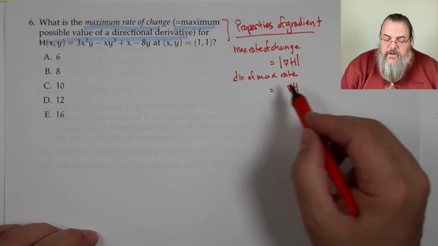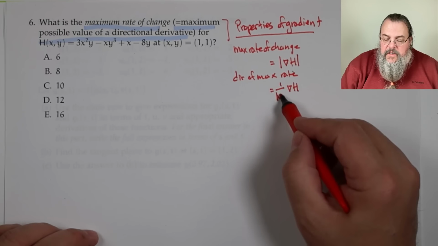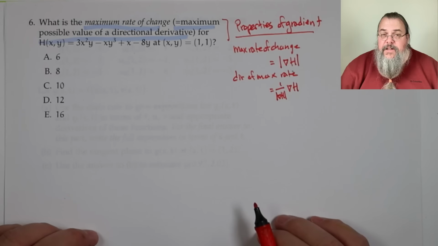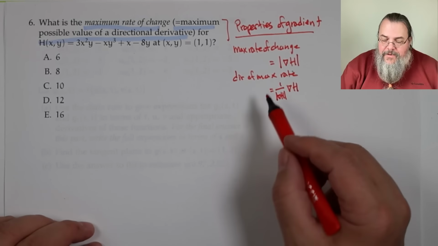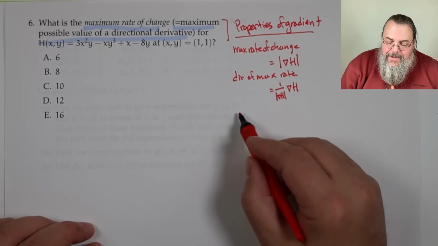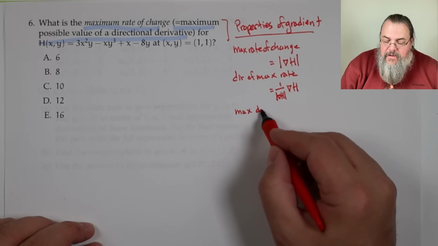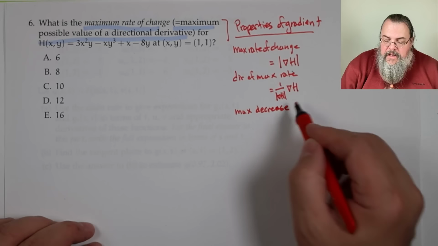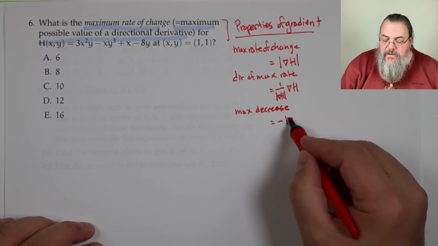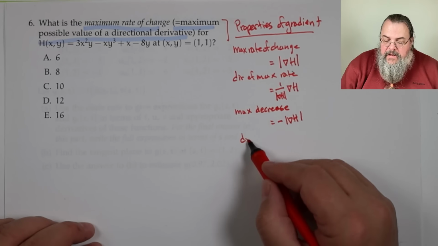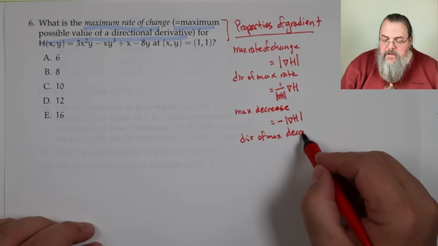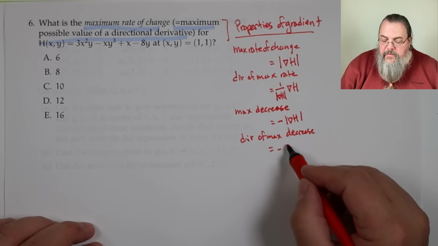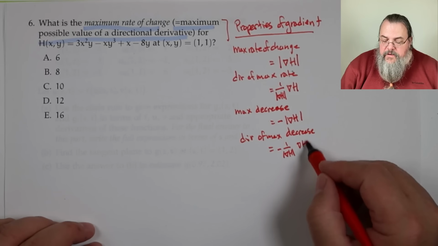Now, oftentimes for direction, they'll make it into a unit vector, and to make something into a unit vector, you multiply by 1 over the magnitude. Now, what if you want the max rate of decrease? Max rate of change is like positive. The max decrease is negative the magnitude of the gradient, and the direction of max decrease is negative the direction of the gradient. So that's our properties of the gradient.